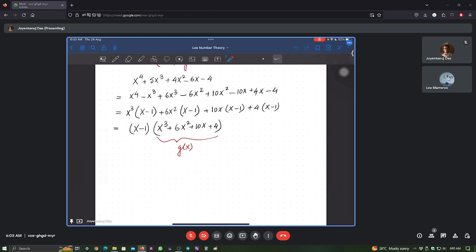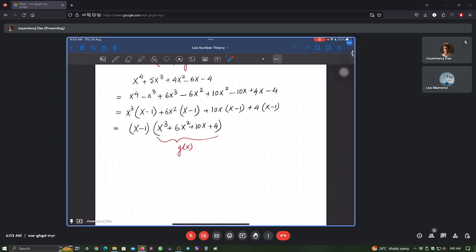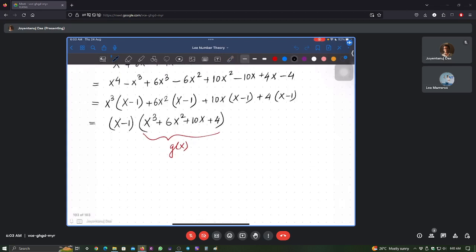Minus 1 you have taken, so x minus 1 you can take out as a factor. Any other factor you can do? Let's see. So you have to try some things, otherwise there is no other option.